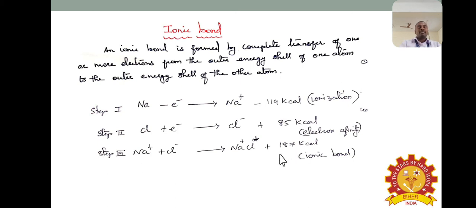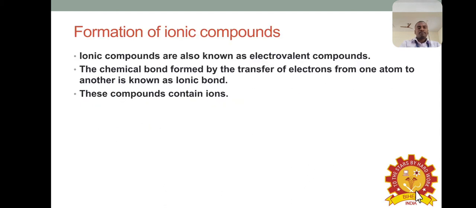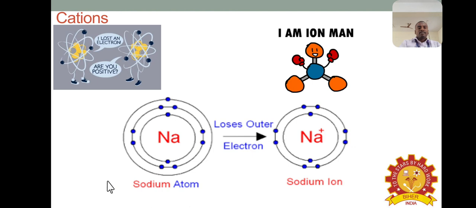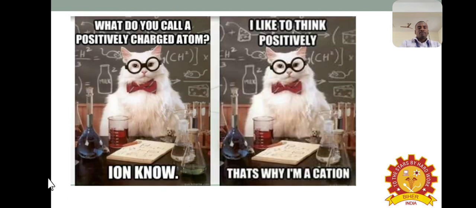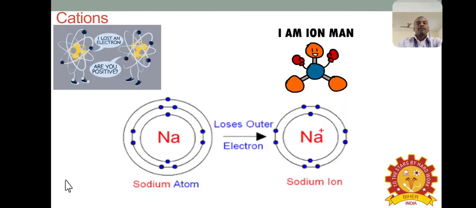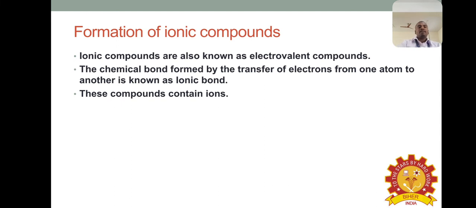This lattice energy cannot be directly calculated, but we can calculate it by using the Born-Haber cycle. Now we are going to explain in detail the formation of ionic compounds.